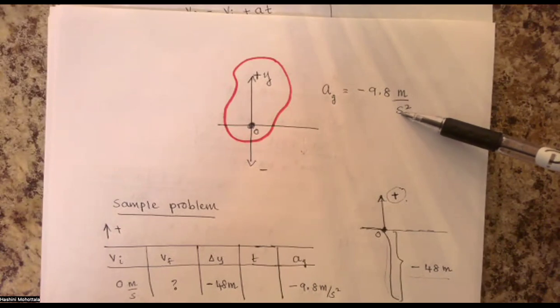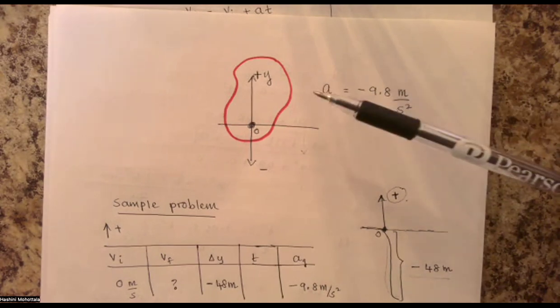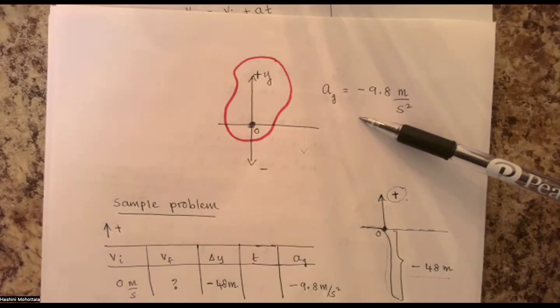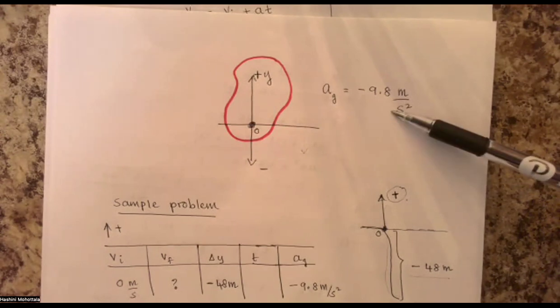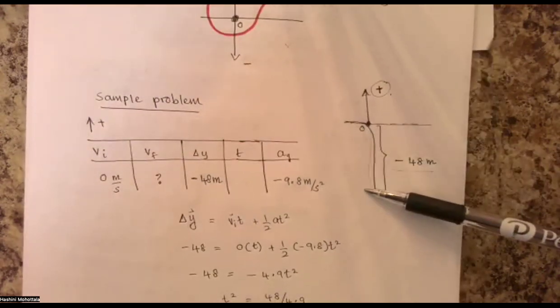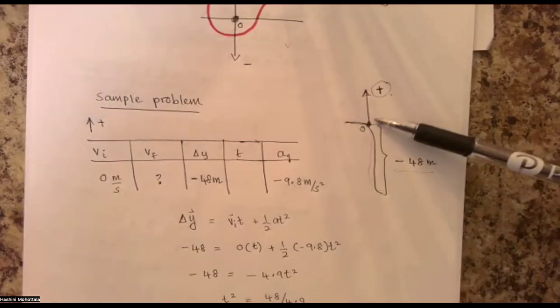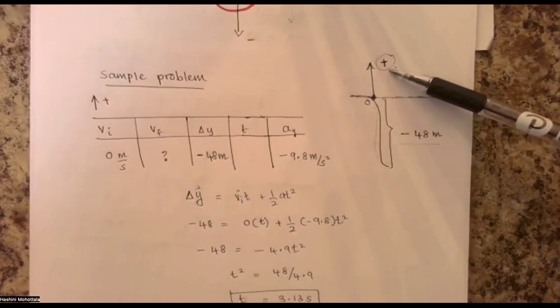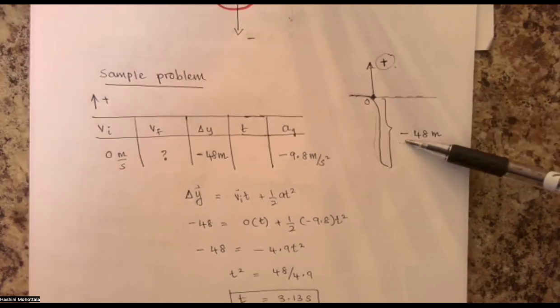Now, as I said, if you are comfortable switching the direction depending on the problem, you can do that. But when it comes to projectile motion, it is easier to stick to one, meaning go up, use a equals negative 9.8. So in this problem, clearly the ball is falling down, right? So I still take up as my positive direction. And with respect to the positive direction, the displacement I took as negative 48.